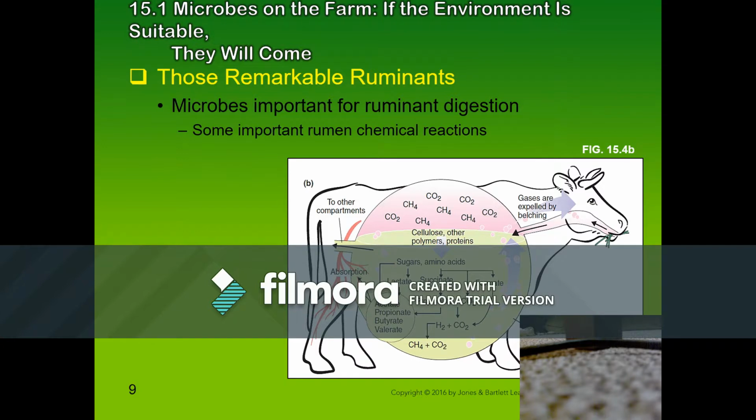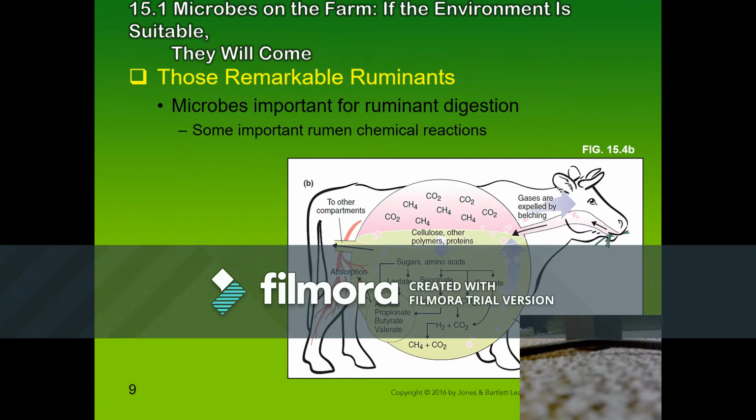Okay, and here's a good diagram of how some of the biochemistry is taking place inside the ruminant. Grass and things like grass are ingested by the cow, ground up, and then the cellulose and other polymer materials go into the intestines, and there's going to be a lot of production of gases, either CO2 or methane.